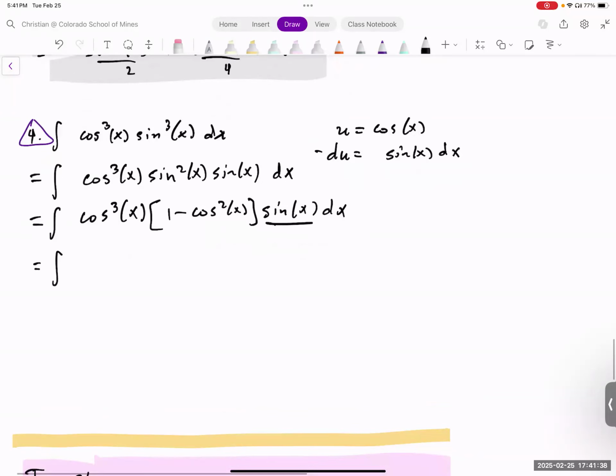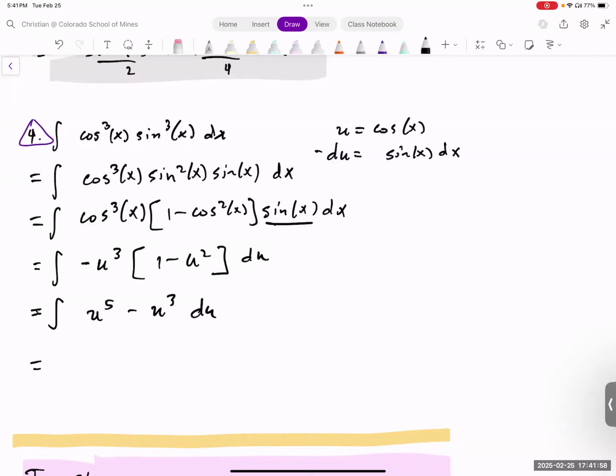All right, so we'd have u cubed, 1 minus u squared, du, and all of this is negative. We need to distribute. We're going to get u to the 5 minus u cubed. Take your antiderivative and plug cosine back in.